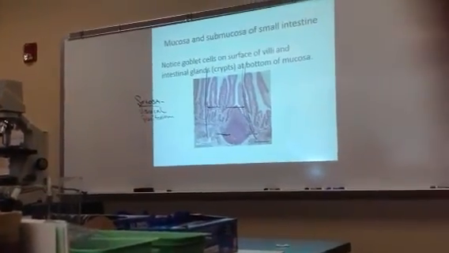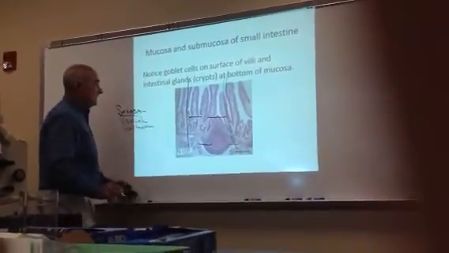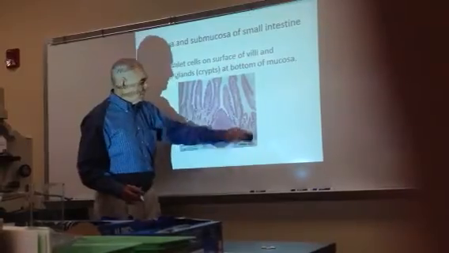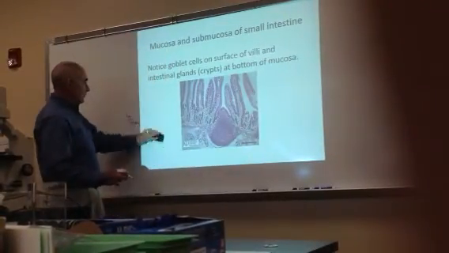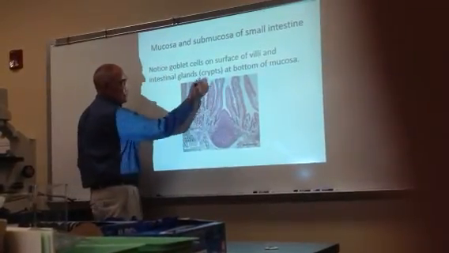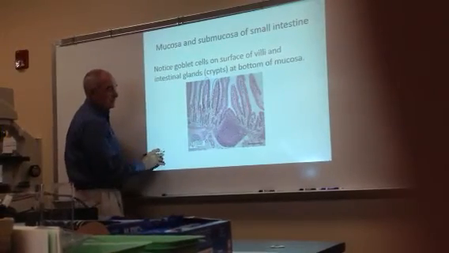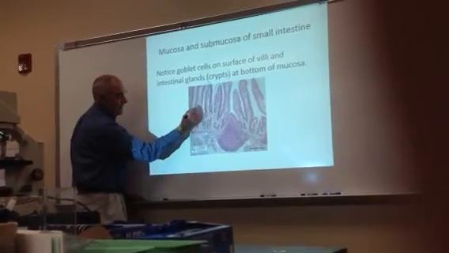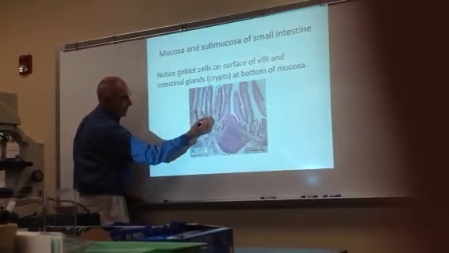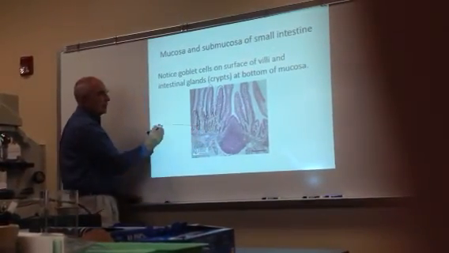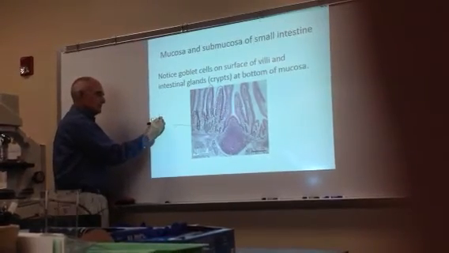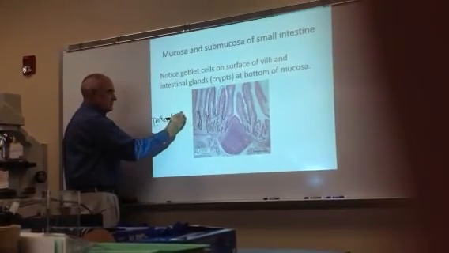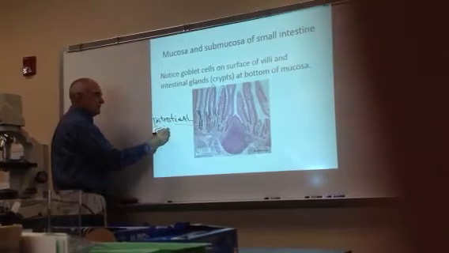Here's a bigger magnification of that, and you can see a couple of things here that are important. Number one, here are the villi, but you can also see continuations of the villi that go down in between the villi like that. These are the intestinal crypts. You see these on both the large and small intestine.